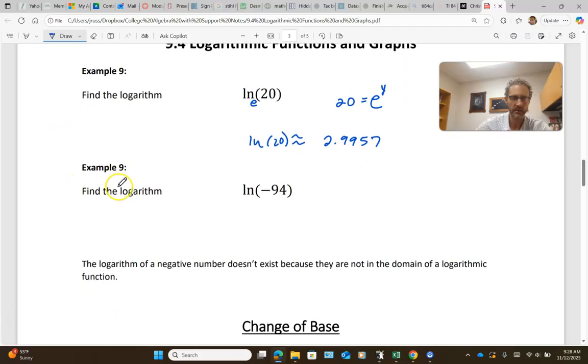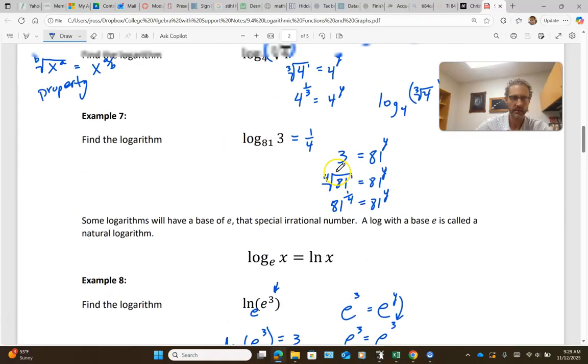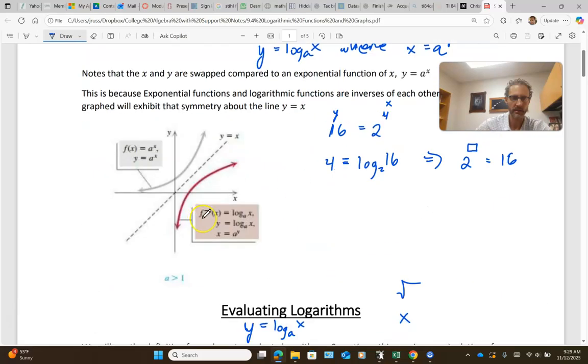Alright, and then the last thing, look at this one, the natural log of negative 94. Well, if you come back up here and look at the graph of a basic logarithmic function, if you remember, I said there's a vertical asymptote right here. And so what that means is that this logarithmic function can't cross the y-axis. In fact, its domain is only positive numbers. And that corresponds with the fact that the range for your basic exponential function was only positive numbers, because your exponential function sits completely above the x-axis.